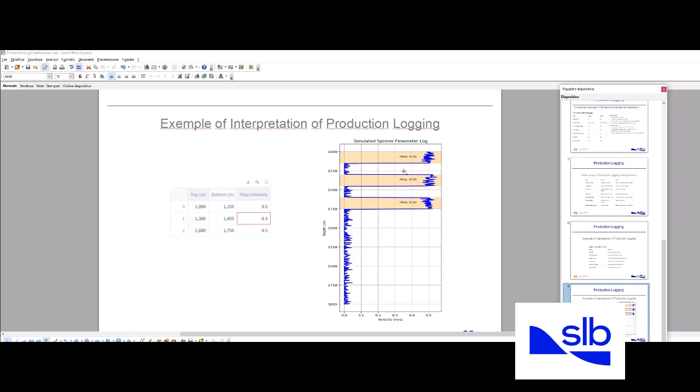With spinner flow meters we can determine the flow velocity in different zones, and the contribution of fluid in each zone. This is a sample, because we have, for example, the flow velocity in the first zone, between depths of about 100 to 101, and then a second example.